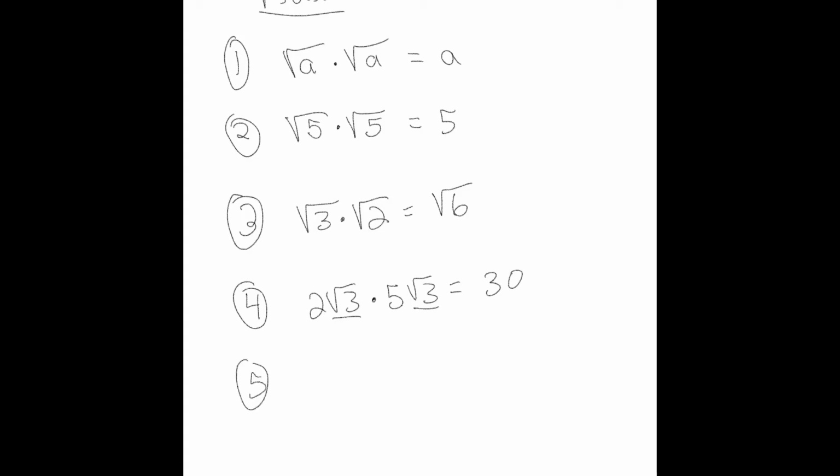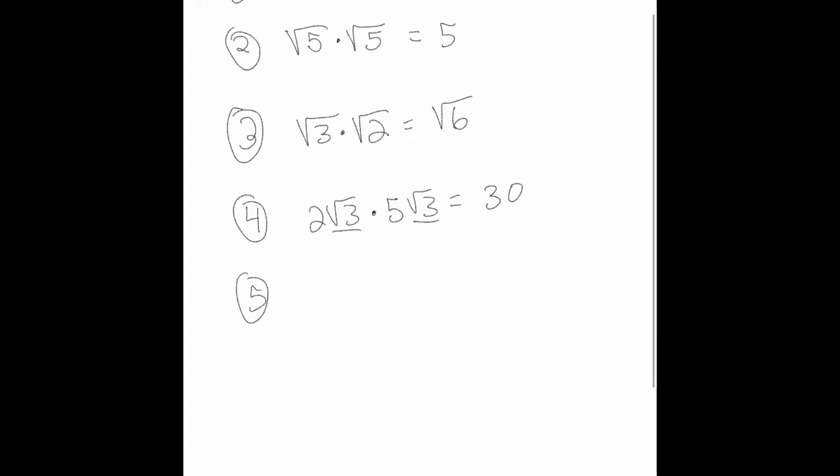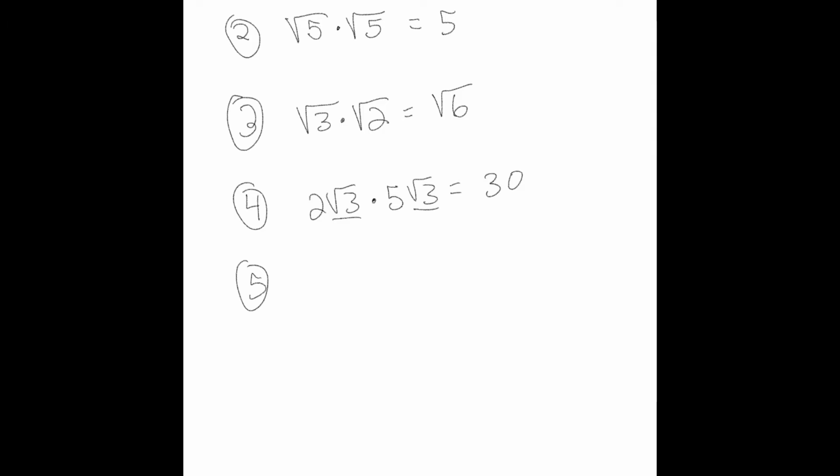Alright, and if you have 2 root 3 times 5 root 2, well, multiplying the root 3 times the root 2 gives you root 6, and then you have 2 times 5 is 10, so it's 10 root 6.